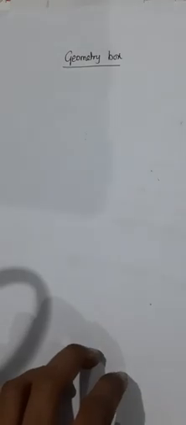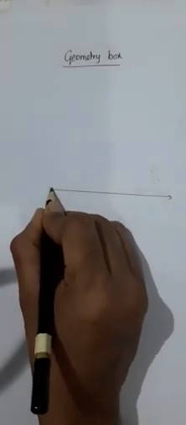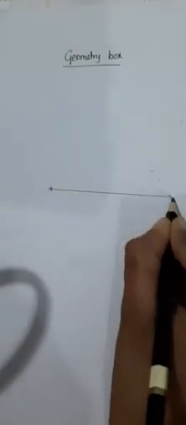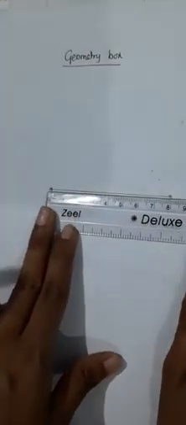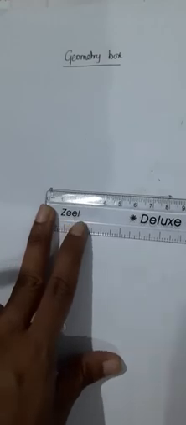Now, using a scale, how are you going to measure a line segment? Suppose I draw a line, and I ask you to measure the length of the line segment, how are you going to measure? Place one end over here at 0, and the other end will end at 8.